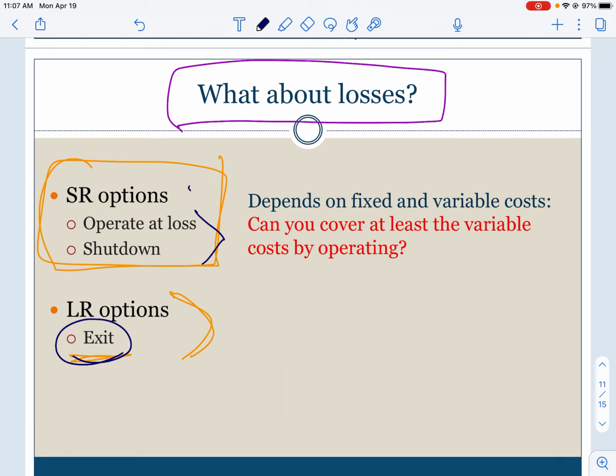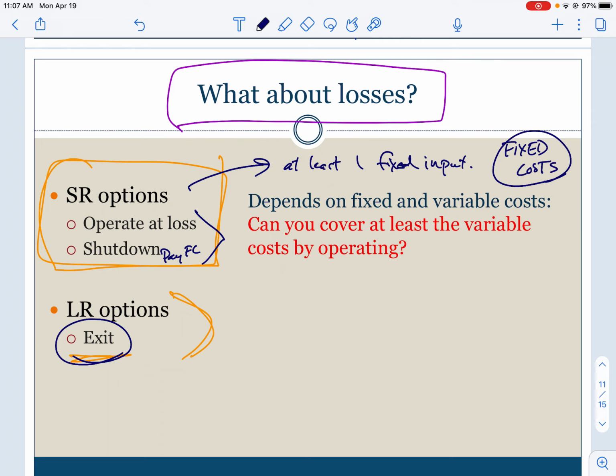The short run is the period of time when there is at least one fixed input. So that means that you have fixed costs. And if you have fixed costs and you're losing money, then the question is, should you just shut down, lay everyone off, turn the thermostat back and just pay your fixed costs?